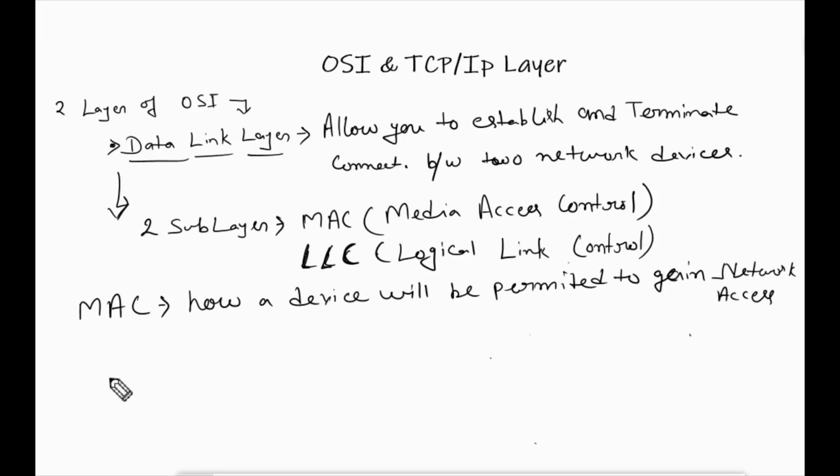So this LLC layer is used for identifying and encapsulating the network layer protocol and allows us to find the error. LLC has to deal with error check or providing the error free connection on a network layer protocol.